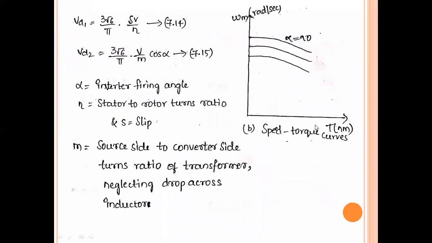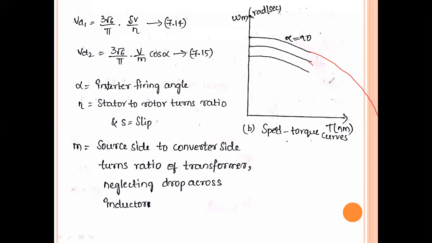And you can see the torque speed characteristics of this particular operation. From alpha equal to 90, this will be the torque speed curve. And redraw it again, so you can extend this line like this. This is for alpha 90.